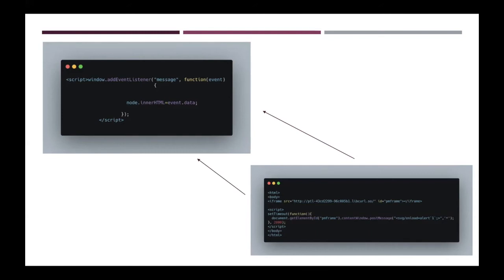And as the message, I have defined the XSS payload. So whenever an attacker sends this crafted HTML page to the victim, it will load the application into a frame, and once it is loaded, it will share the XSS payload with the event listener.